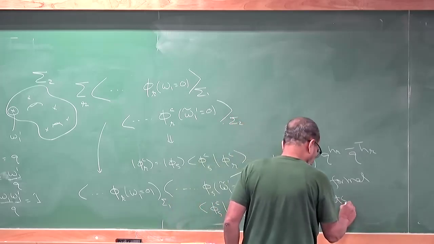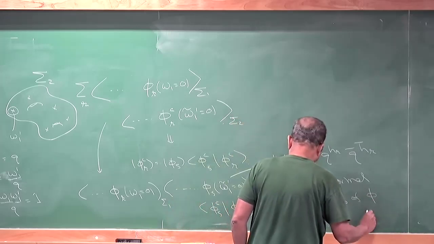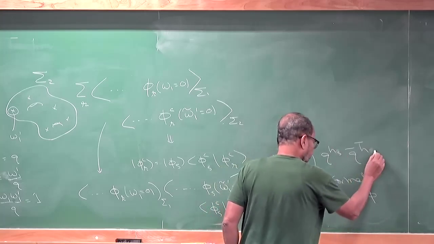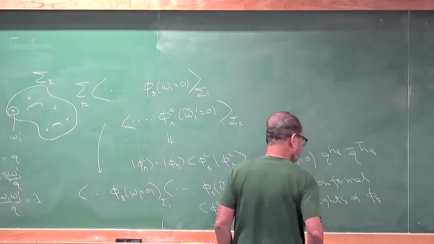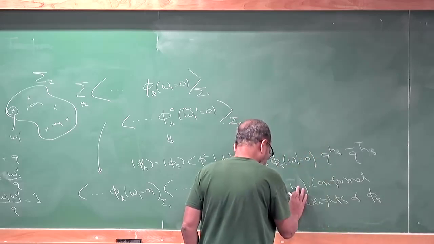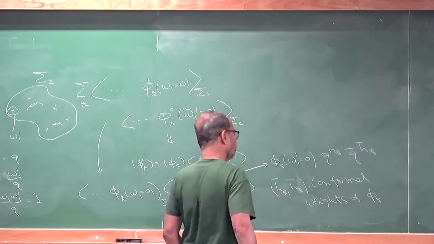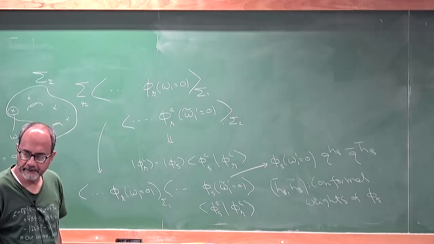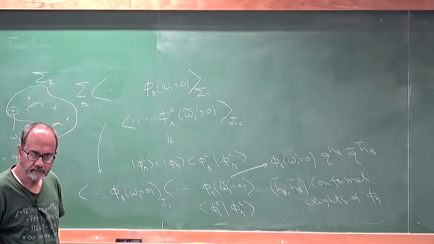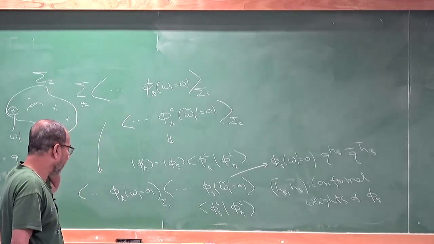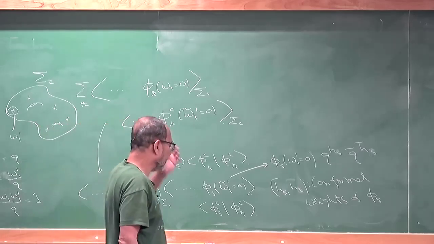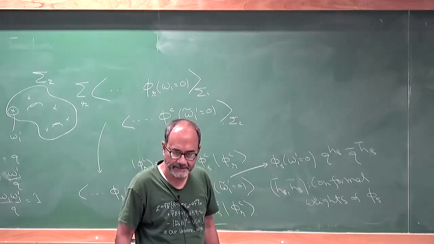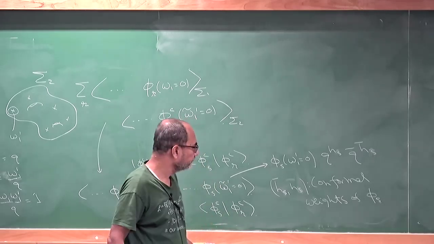Conformal weights of phi S, or sorry, HS. Is that clear? Now phi SC and phi S have the same conformal weight, right? Conjugates better have the same conformal weight, otherwise the result will vanish.